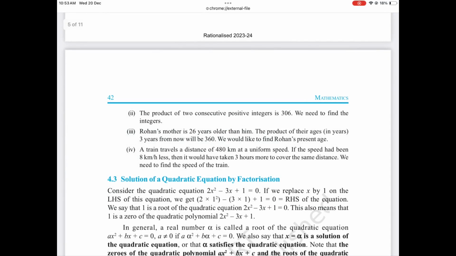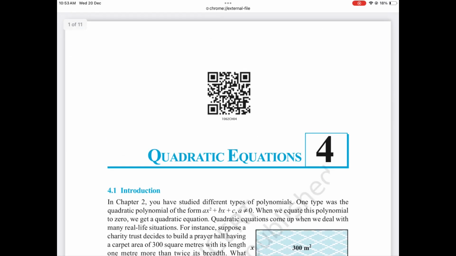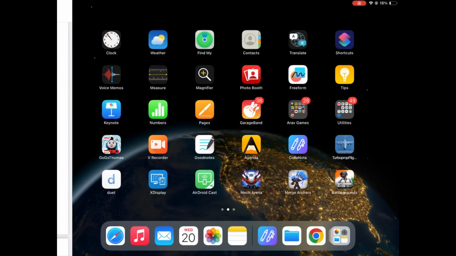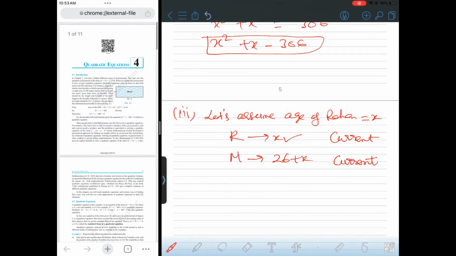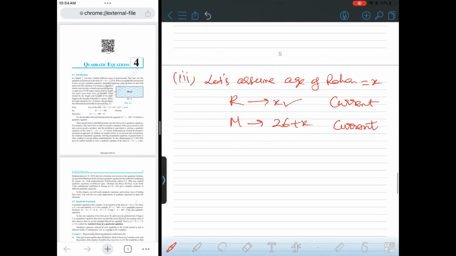But now the question says the product of their ages 3 years from now. So 3 years from now, it means we move from the current age. After 3 years, Rohan's age will become X plus 3, so he will be 3 years older.